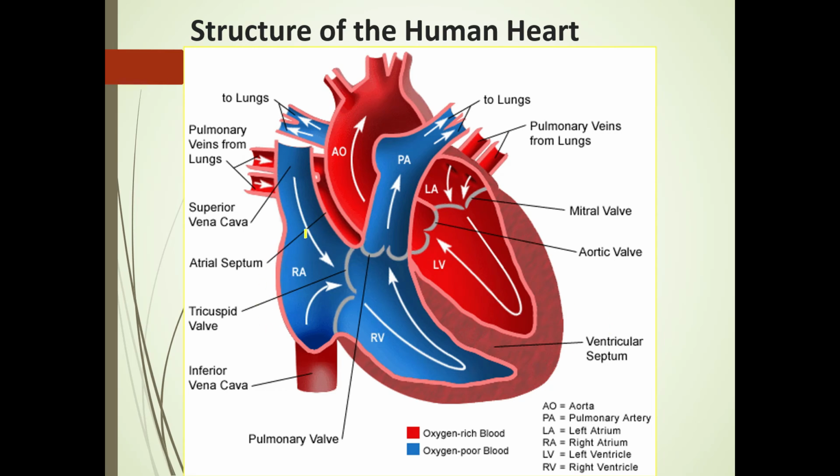When the muscle contracts, it forces the deoxygenated blood into the right ventricle. So that is what happens at the right atrium.